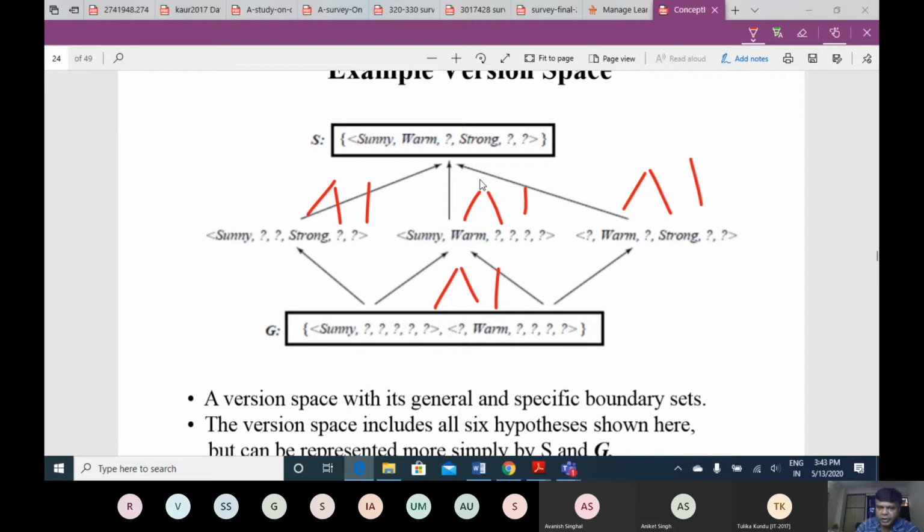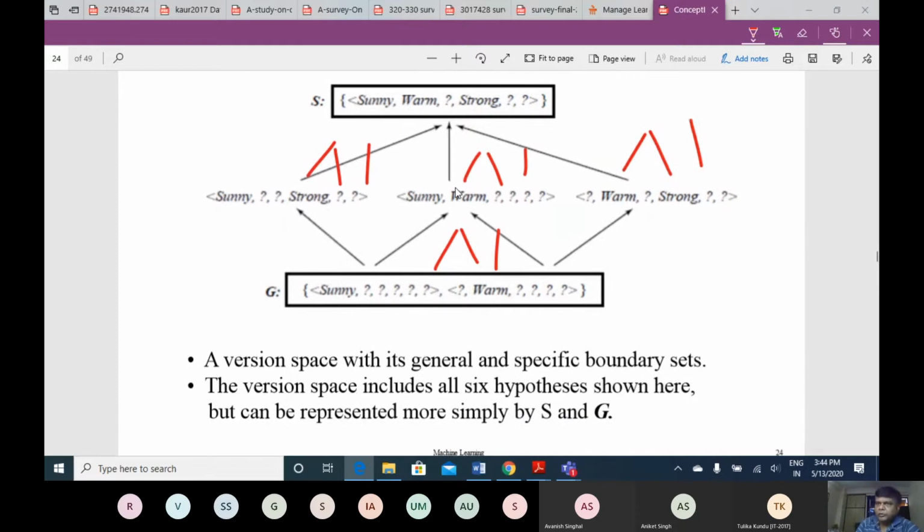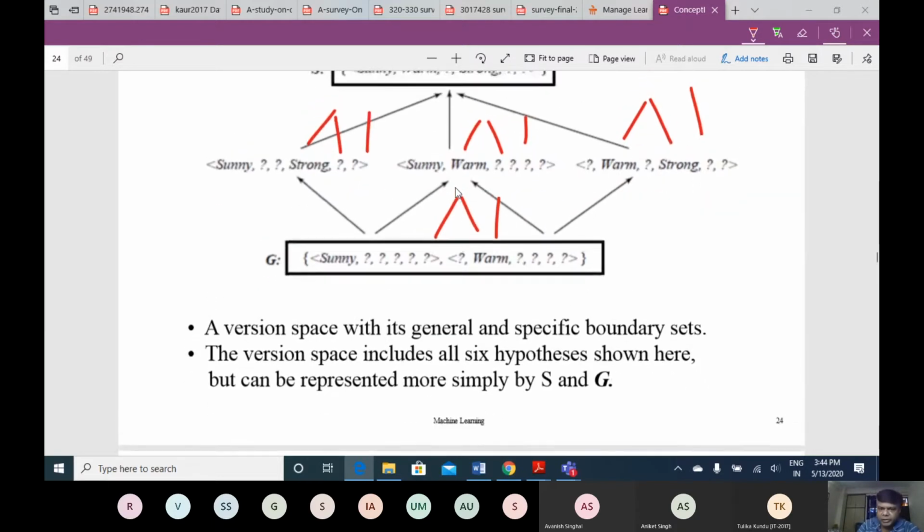So to define a version space, you only need the most specific and most general hypothesis to specify all other hypotheses included in that version space. This is how a version space is defined.